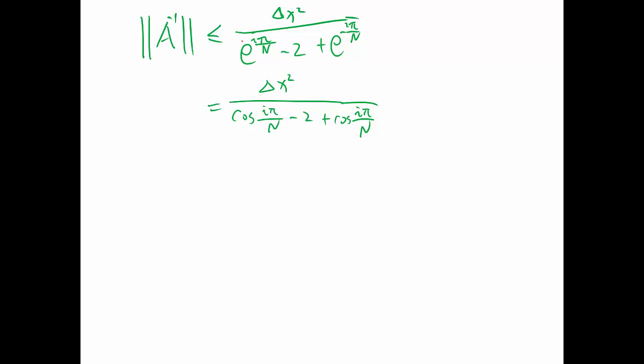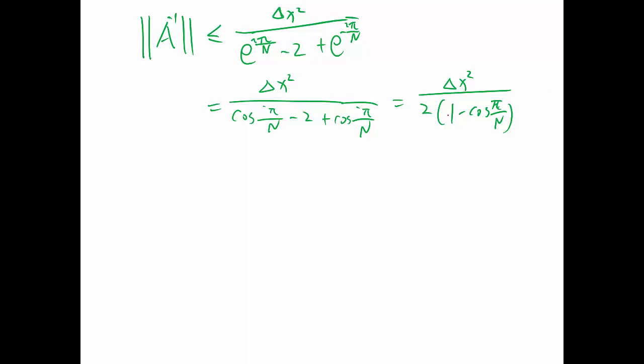Both of these exponentials have an imaginary part that is exactly the opposite of each other, so they cancel. And when you write it, it's delta x squared times 2 times 1 minus cosine of pi over n. Sorry, there is no i here. The i is already dealt with by expanding this exponential into cosine and sine.